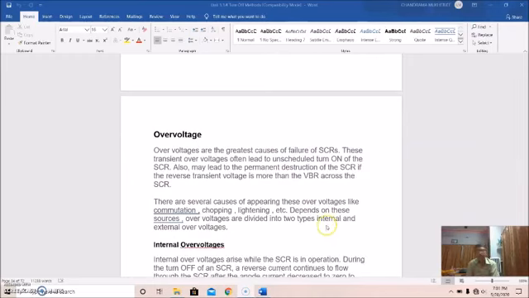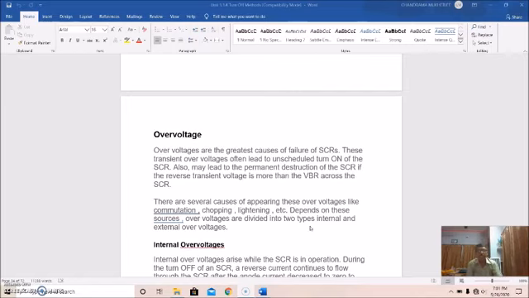Whenever we are talking about the protection of something, you must know the root cause behind the problem. Overvoltage is definitely one of the greatest causes of failure of SCR.